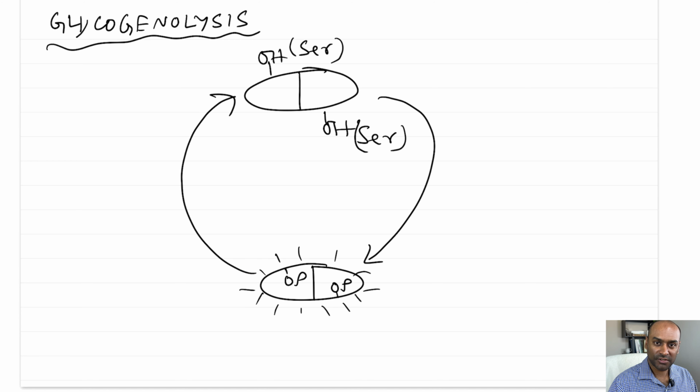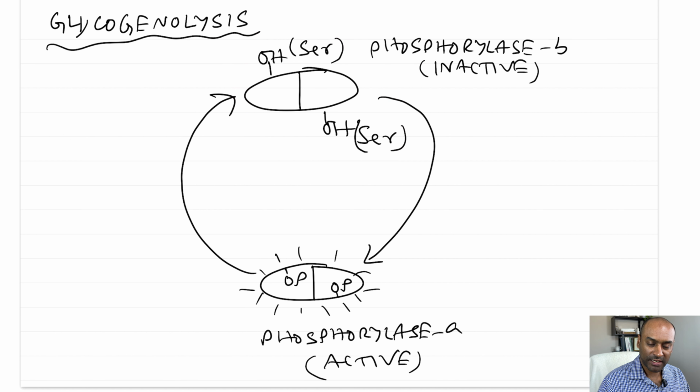I've drawn two forms of glycogen phosphorylase. One is the inactive form, which is glycogen phosphorylase B, and the active form, which is glycogen phosphorylase A. What you see here is that this enzyme has serine residues on the outside. So that's a serine OH side chain, serine OH side chain. And these OH groups are phosphorylated by a kinase.